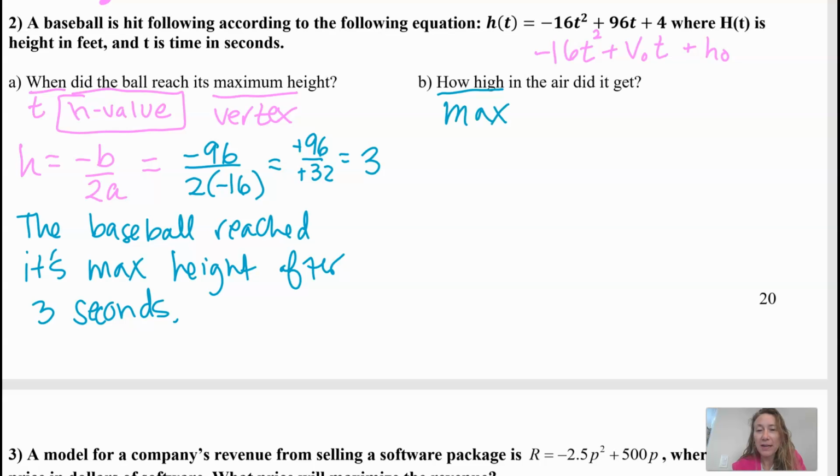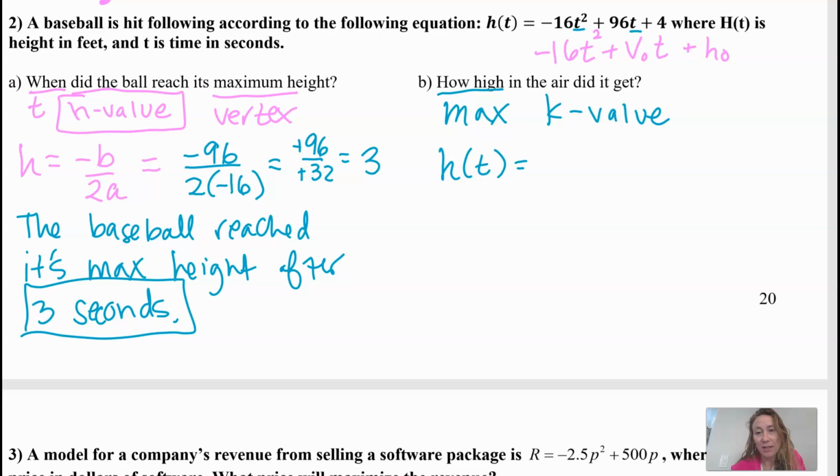And we would answer this by a number of feet. And so this is going to be the k value. And so I'm going to plug in the 3 that I got as the h to the equation in the spot for t to calculate the k value. So I'm going to say h of 3 is equal to negative 16 times 3 squared plus 96 times 3 plus 4.